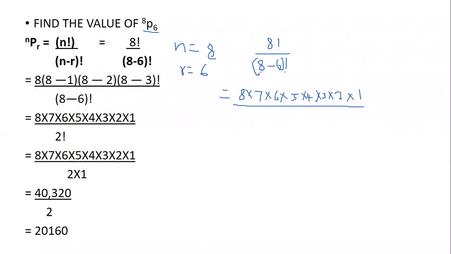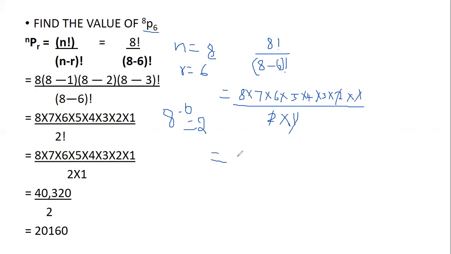Good. So (8 minus 6) factorial: 8 minus 6 is 2, so 2 factorial is nothing but 2 into 1. Now one more thing you can do is cancel the numbers. 2 and 2 will get cancelled, 1 and 1 will get cancelled.